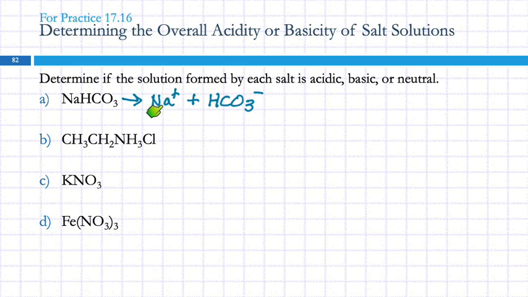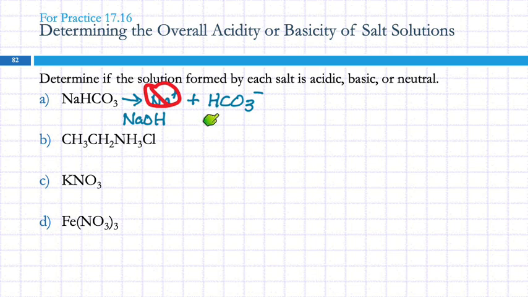For the cations, the first thing we should look for is, is this a counter ion of a strong base? Yes, it is, because sodium hydroxide. So this is a strong base, so that is not going to do anything.